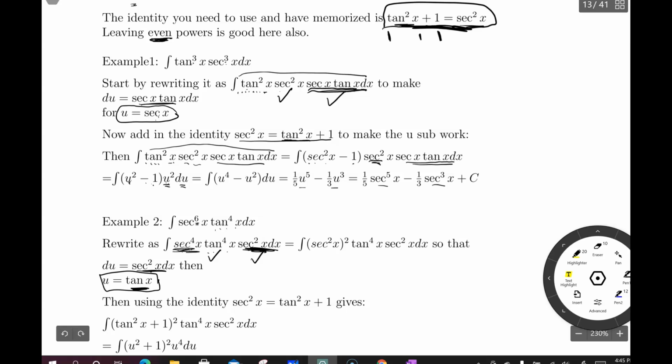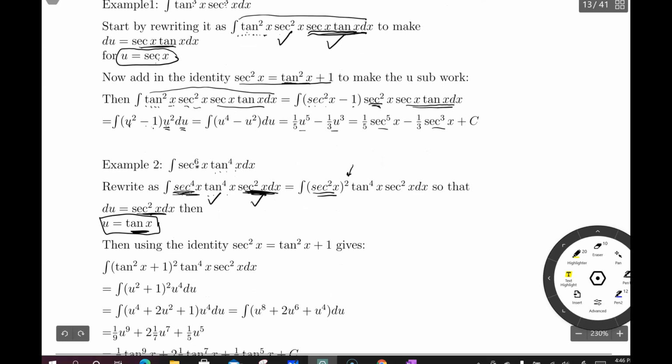I would need to change this to tangents. Okay, I need to go slow here and rewrite this and think of this as secant squared squared because this identity has nothing to do with to the 4th power, right? So squared squared, so that putting in for secant squared, tangent squared plus 1 inside the square. And then I've got it all set up, ready to go for u substitution.